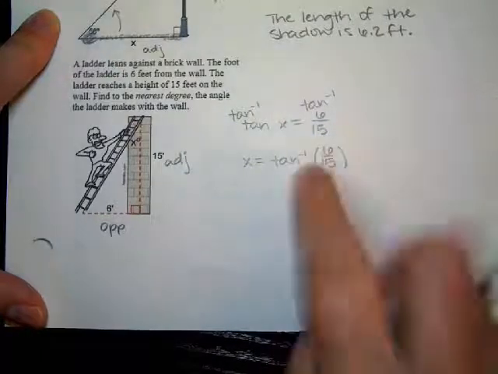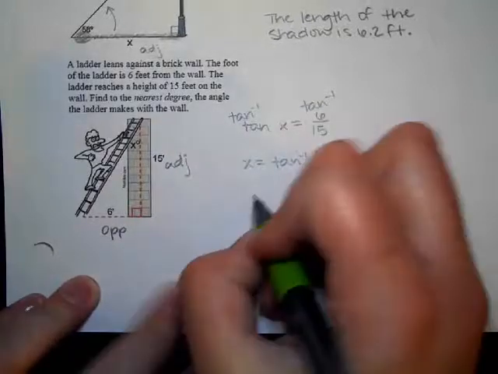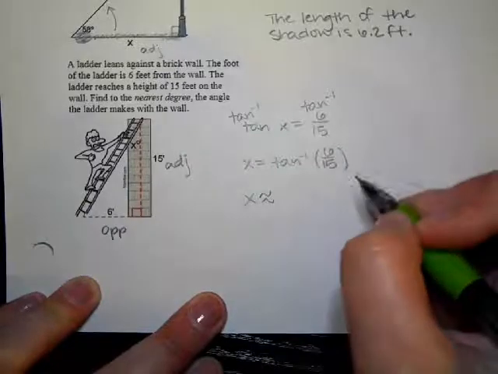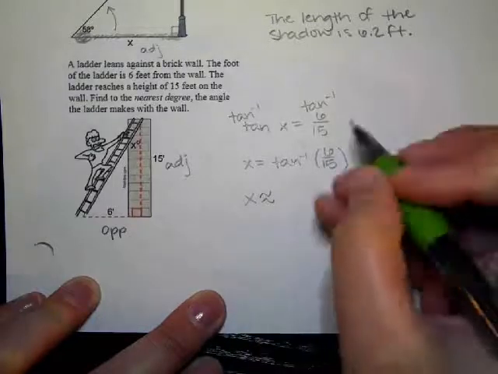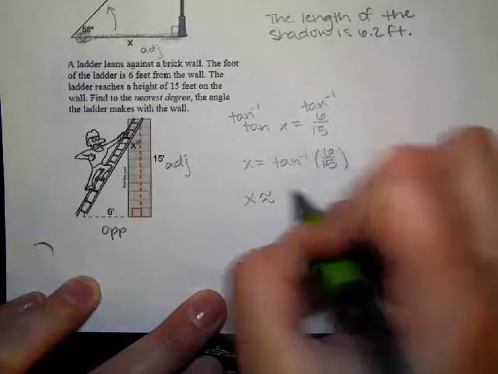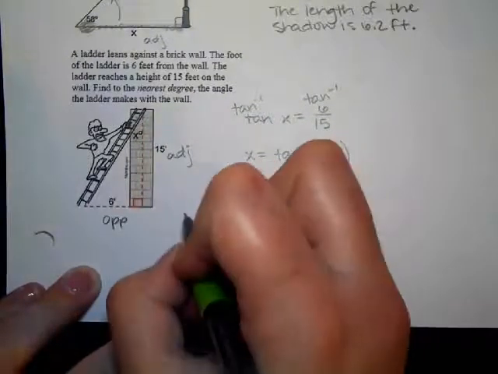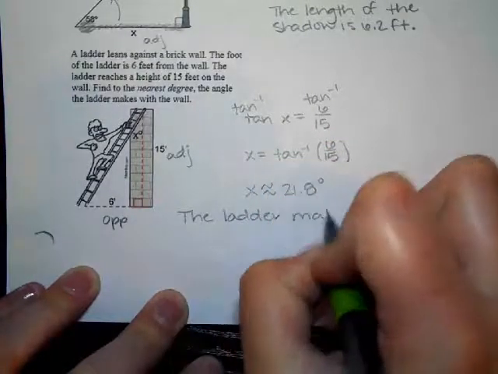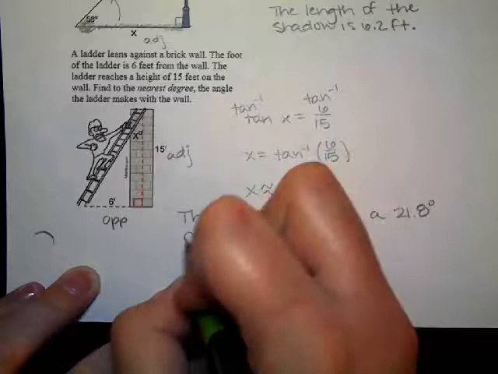Second tan 6 over 15. So x is approximately, what do you guys get? 21.8 degrees. Okay, make sure you get the degree bubble in there. So we're going to say the ladder makes a 21.8 degree angle with the wall.